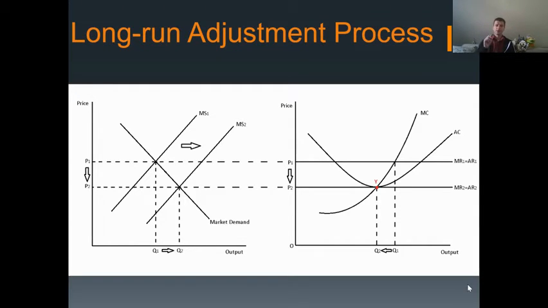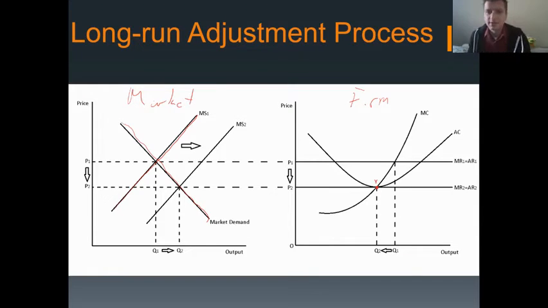If we look at our initial setup, this is our initial supply curve. This is our initial demand curve. This is a side-by-side graph because the market is to the left of the firm. Sometimes you'll see the market referred to as the industry.